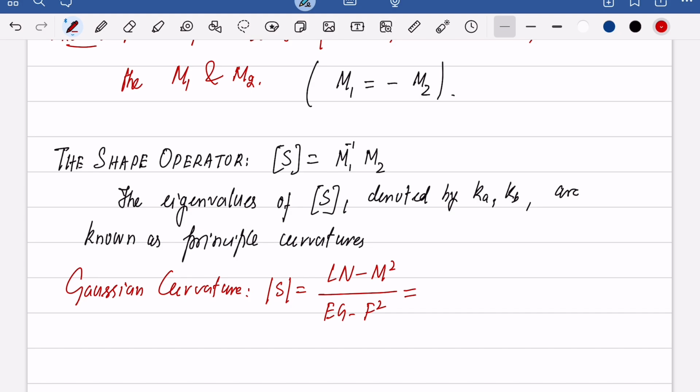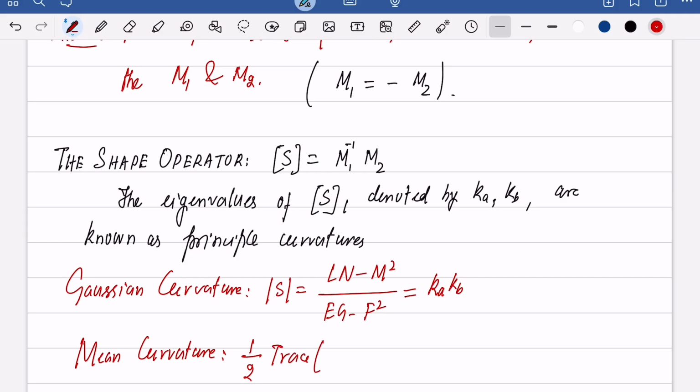The determinant of the shape operator is the product of the eigenvalues, that's Ka into Kb. Similarly, we can define the mean curvature as 1 divided by 2 into the trace of this shape operator S, which is equal to 1 divided by 2 into Ka plus Kb.